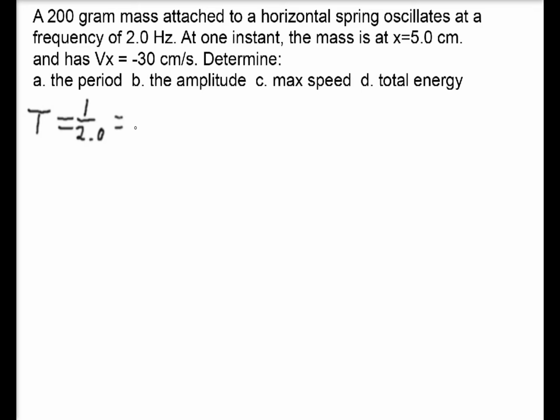That one's easy, and that's just simply 1/2, which we'll say is 0.5. The units are seconds, and I'll write sec so that the S doesn't look like a 5. So this is part A.